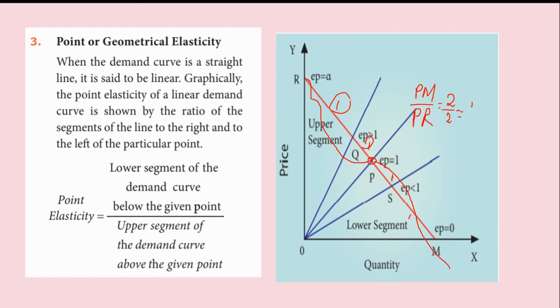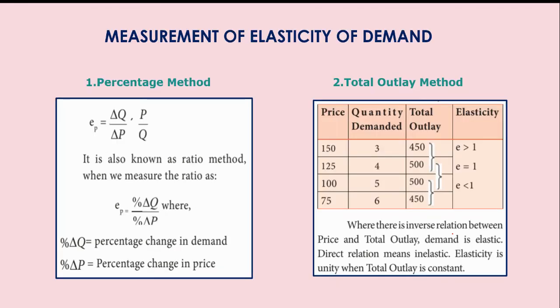At this point P, elasticity of demand is equal to 1. At the point S, elasticity of demand is lesser than 1. And at this point M, elasticity of demand is equal to 0. So this method is called the point method or the geometrical elasticity method.